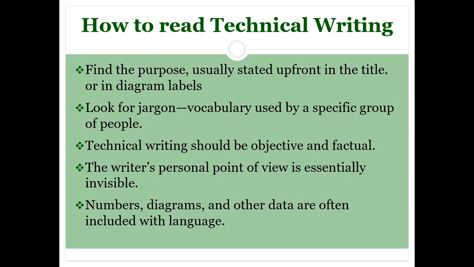No, there is only one way to do that, and you should do it the correct way. There's no writer's personal point of view. You can't tell who wrote a manual. That's the point. Anybody should be able to give you the same idea. Diagrams and data all go with technical writing.